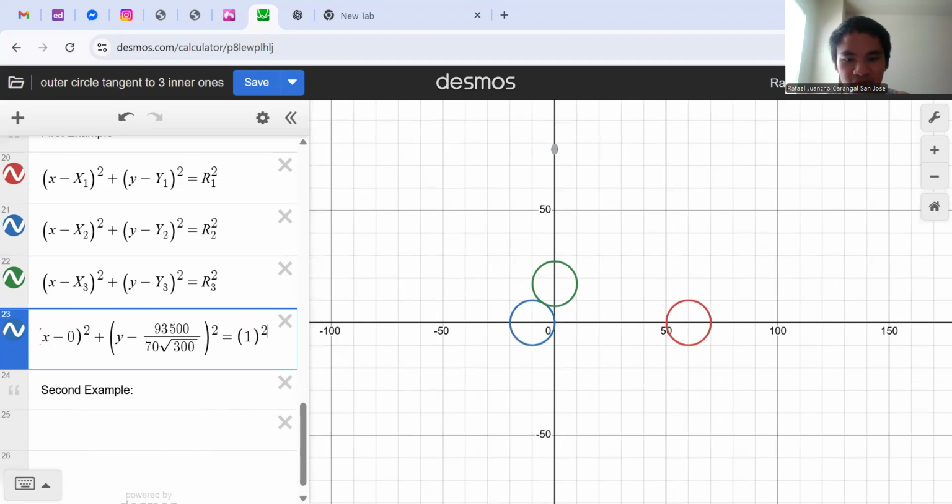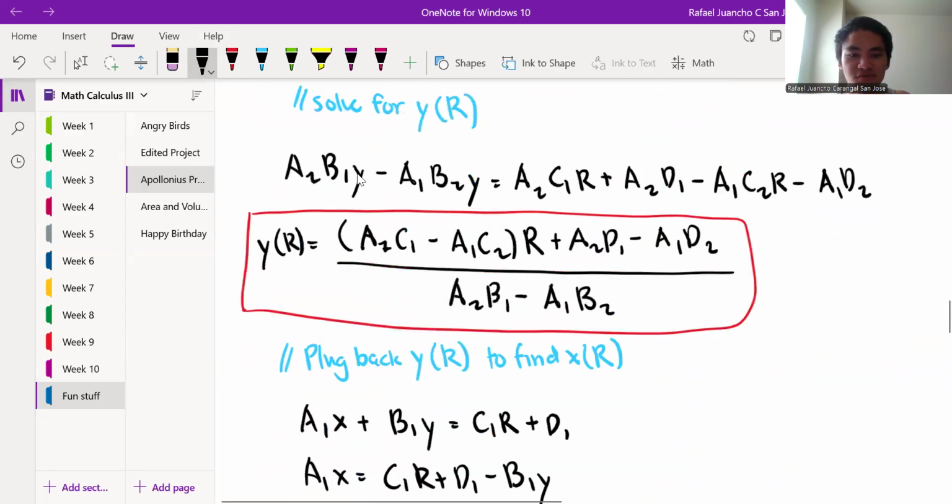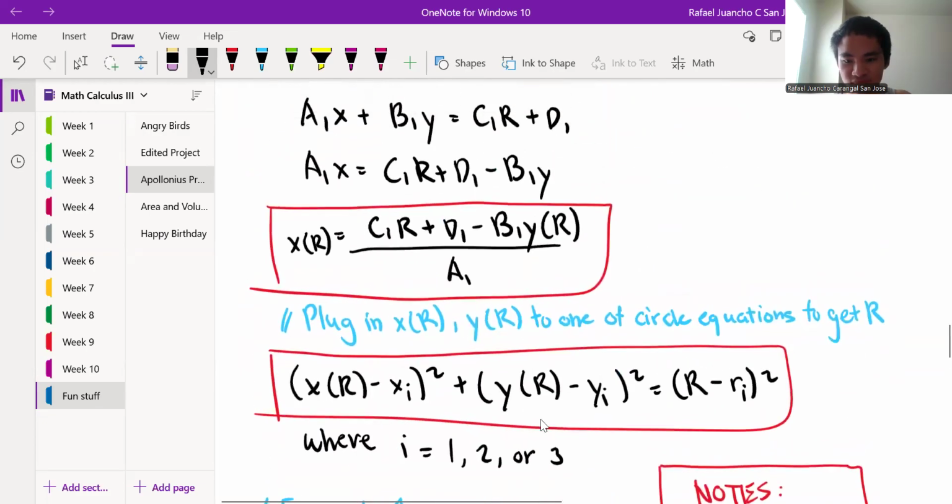Okay, now let me solve for my x. Let me go back here and solve for my x. So for my x, I'm just going to use the formula. I did try this with another example and it worked, so this shouldn't be a problem. But I guess it's a problem here.